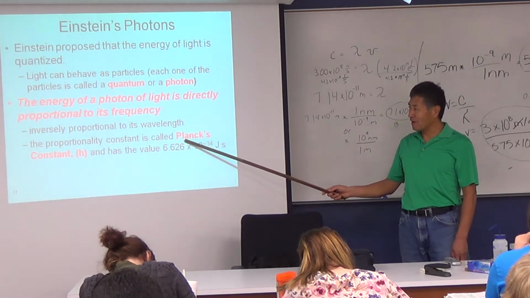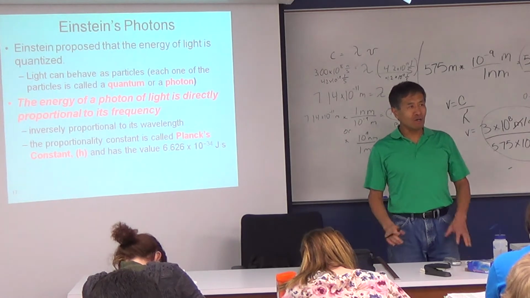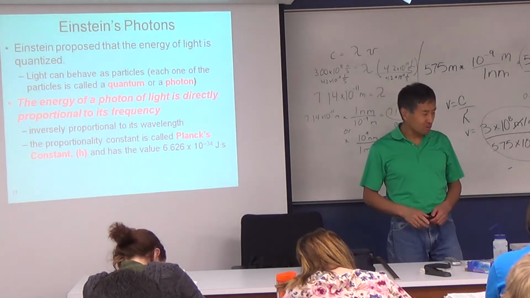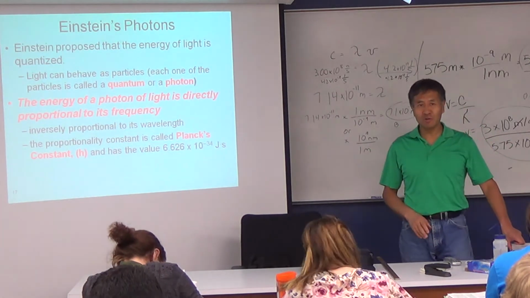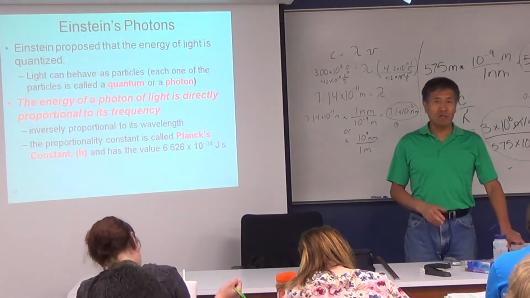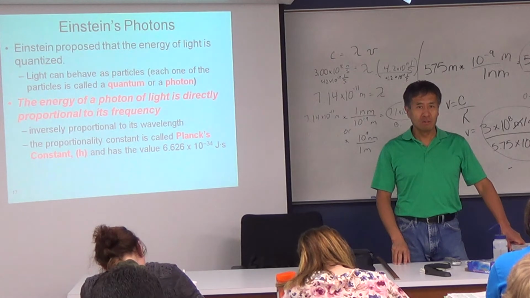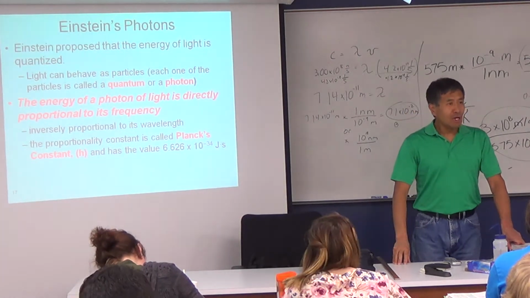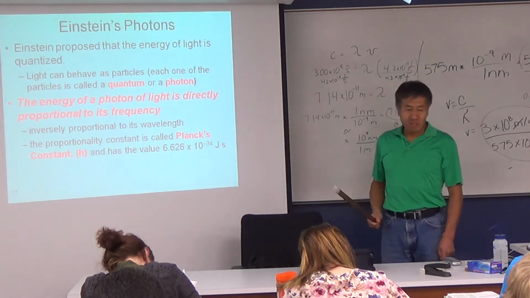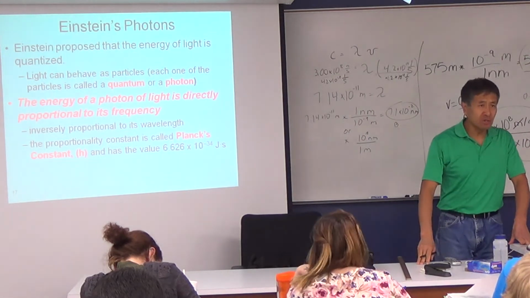For example, Planck studied hot object radiation, and they found out you have to have the idea that the energy from those radiations is not continuous. Therefore, this idea is very similar to Einstein's particle idea. Okay?